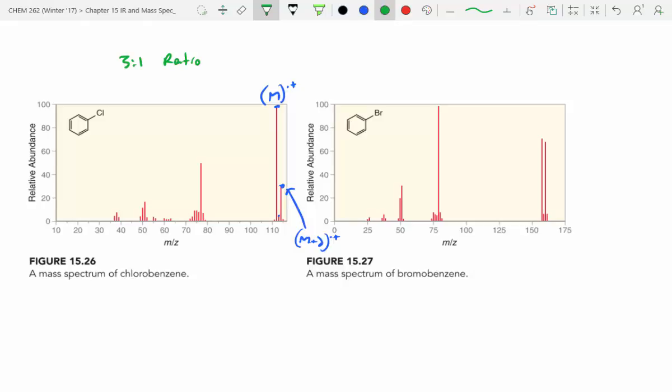If you go over and you look at bromobenzene, all of a sudden these peaks are roughly the same height. And so you can say, hey, this is a big clue that we've got a bromine on there. And this is always going to be in a 1-to-1 ratio.